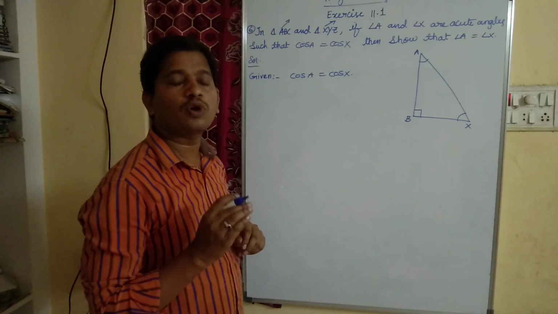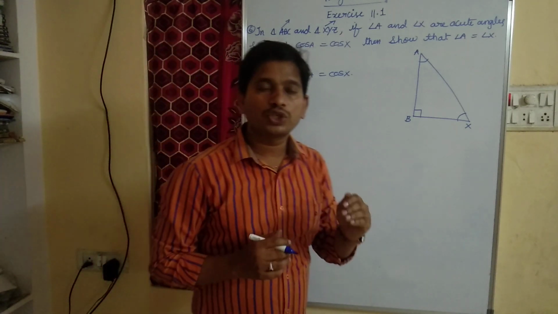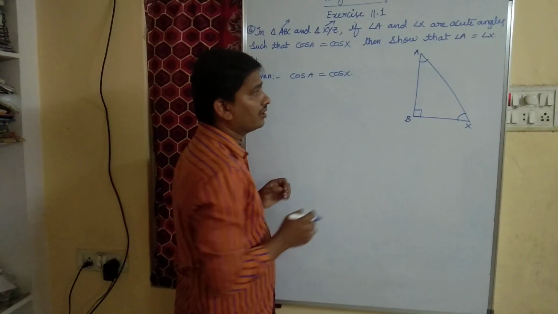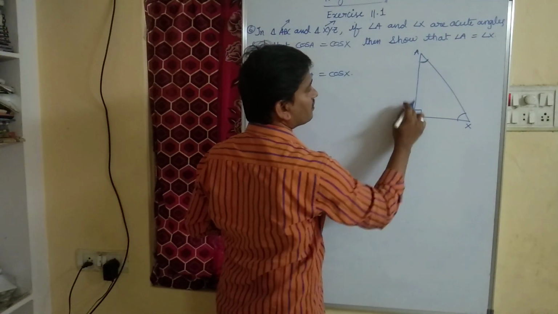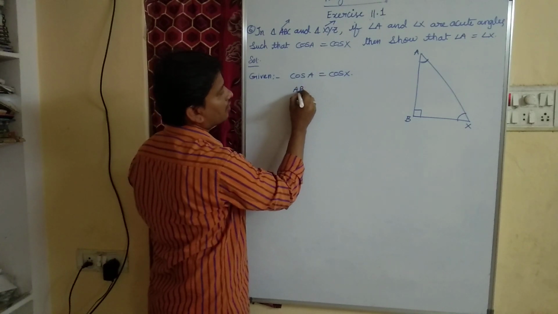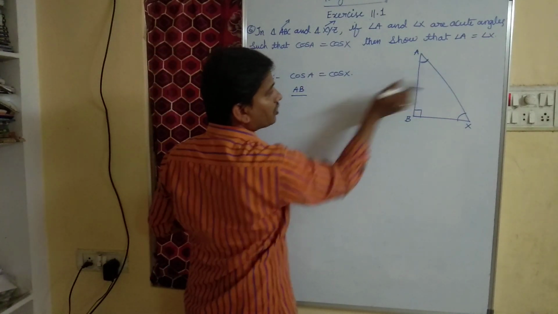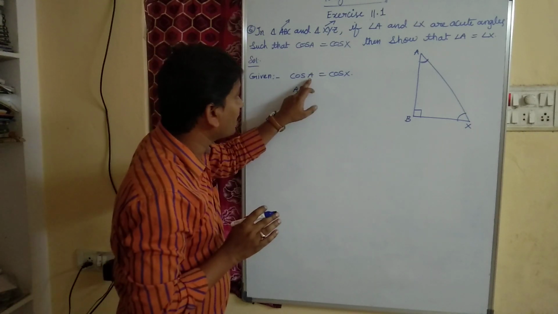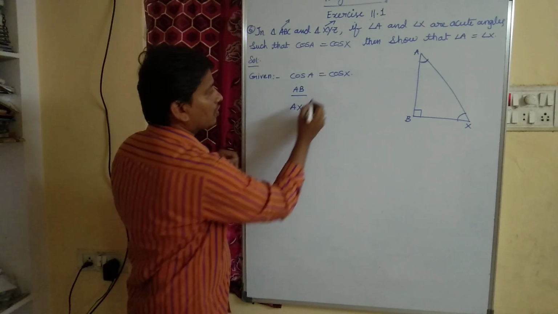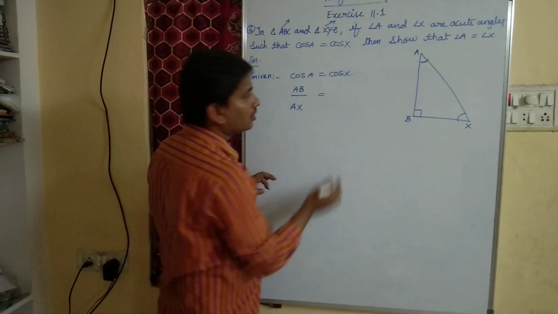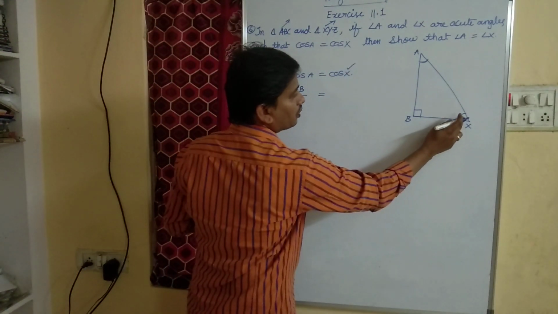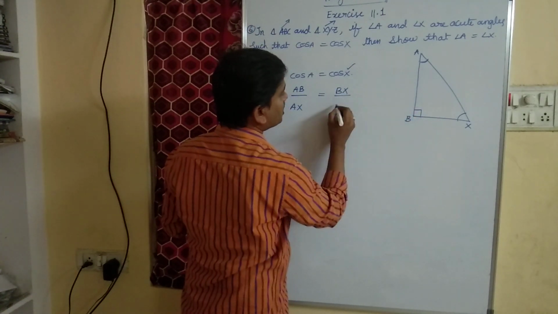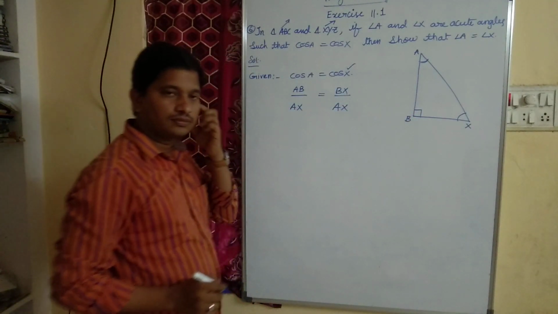Now if angle A and angle X are acute angles such that cos A equals cos X, what is the ratio of cos? We know that cos ratio is adjacent side by hypotenuse, right? With respect to A, the adjacent side is AB, and the hypotenuse is AX, because the angle is at A. Now coming to the right hand side, cos X, the angle is at X. With respect to X, the adjacent side is BX and the hypotenuse is AX, children, right?